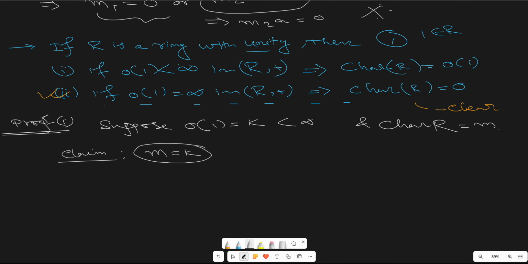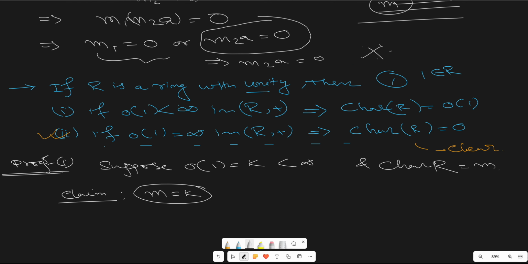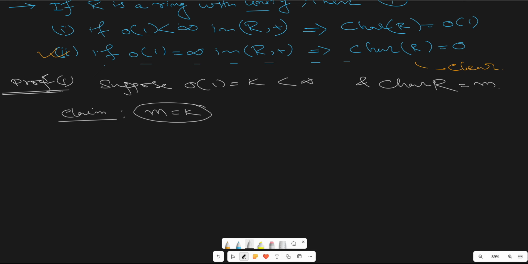How can I proceed for that? First of all, m is the characteristic of the ring, right? So the characteristic of R is m. What does it mean?